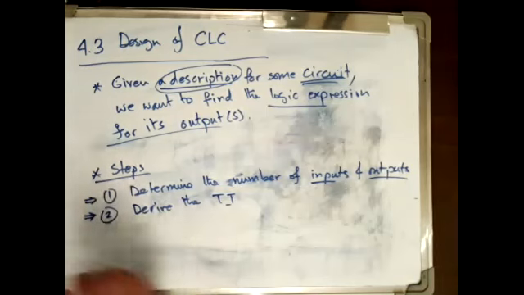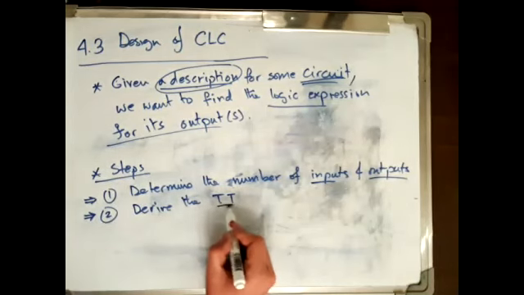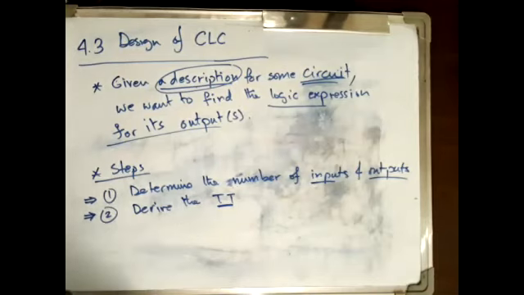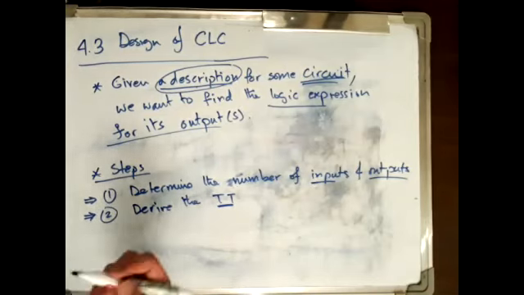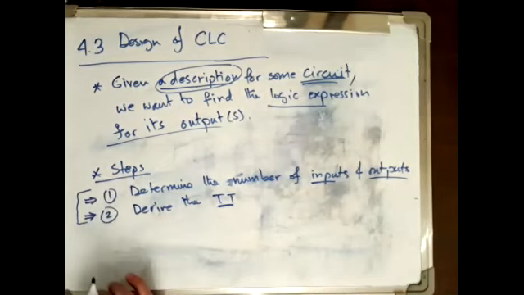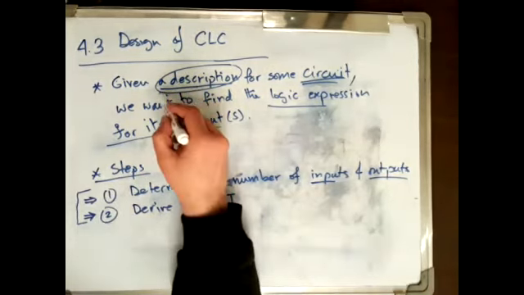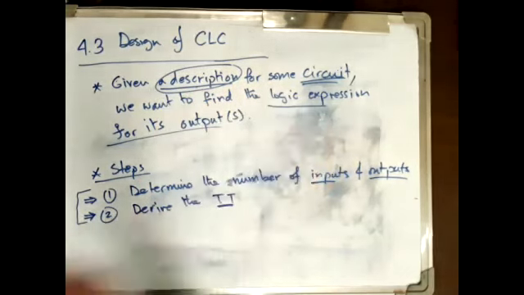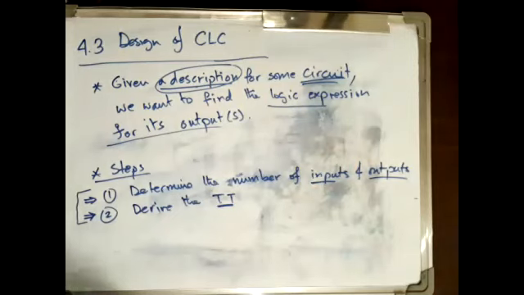So this is very important in the design. Once you have the truth table, you can easily design the circuit. This is the major challenge that we usually face when we design logic circuits. We need solid understanding of the description and the operation of the circuit to do that.